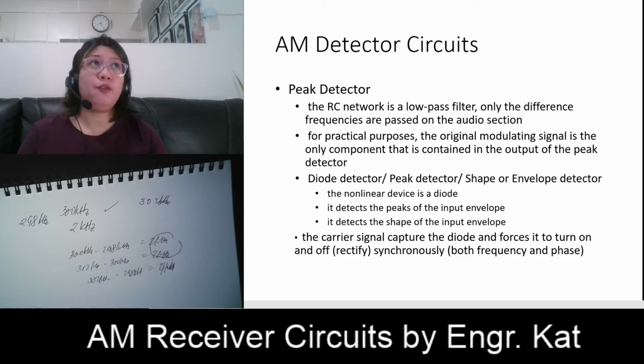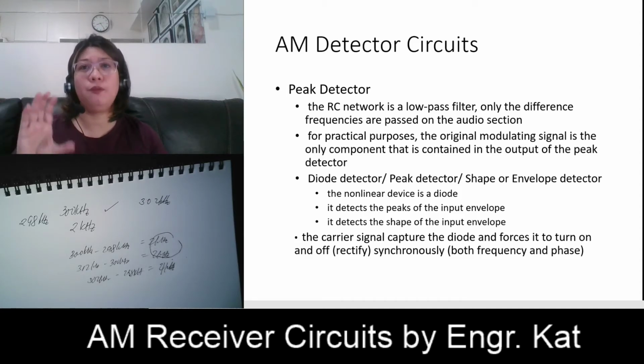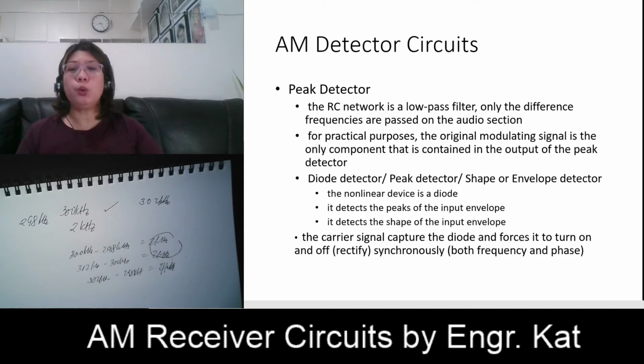Even though the IF frequency is a lower frequency, it is still in the same envelope form as in the RF frequency. The carrier signal captures the diode and forces it to turn on and off. The purpose of your diode here is just to be forward or reverse biased.